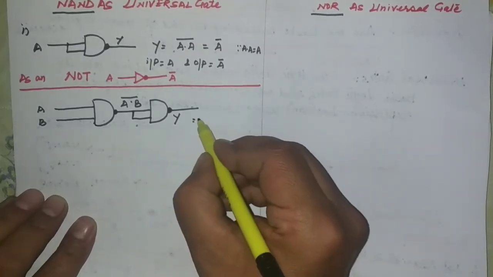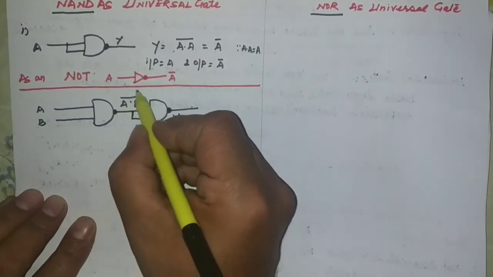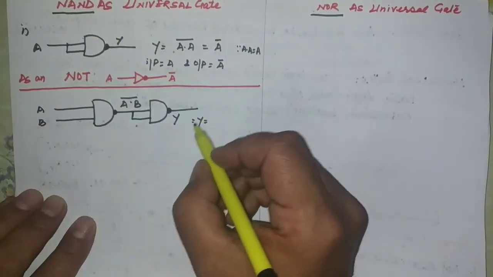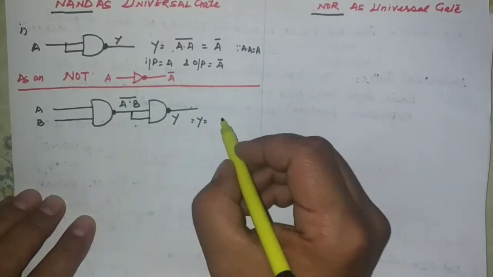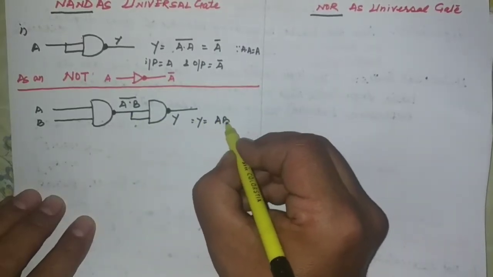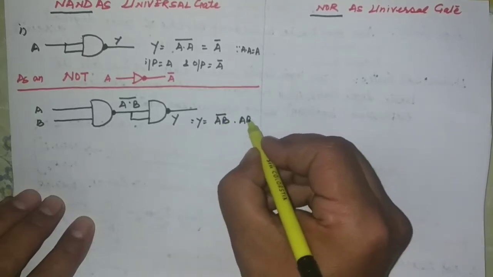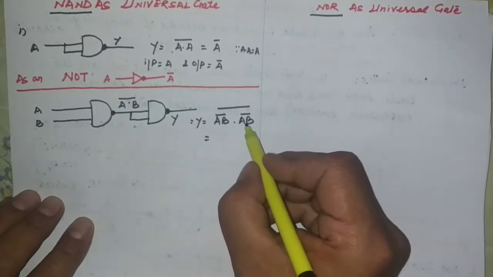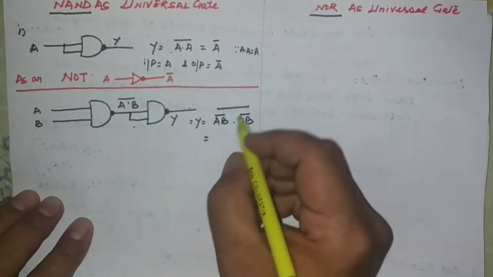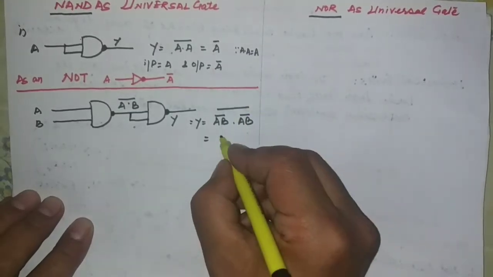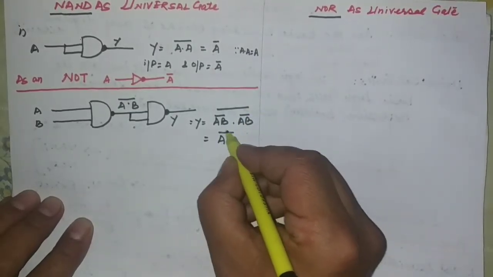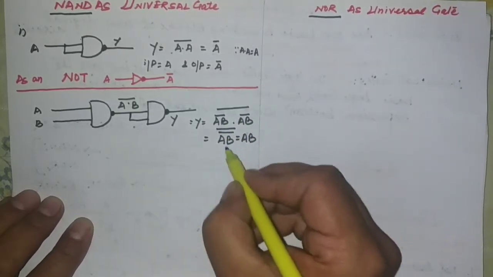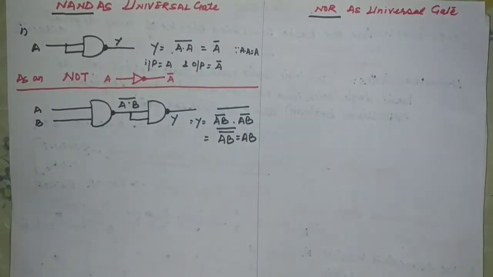So Y comes out to be, consider this as one input, A dot B complement, consider it as A. So this is A into A complete complement, means AB bar dot AB bar complete complement, means A into A dot A complete complement. Again A dot A is equal to A, so AB complement and whole complement comes out to be AB, because complement of complement is no complement actually.